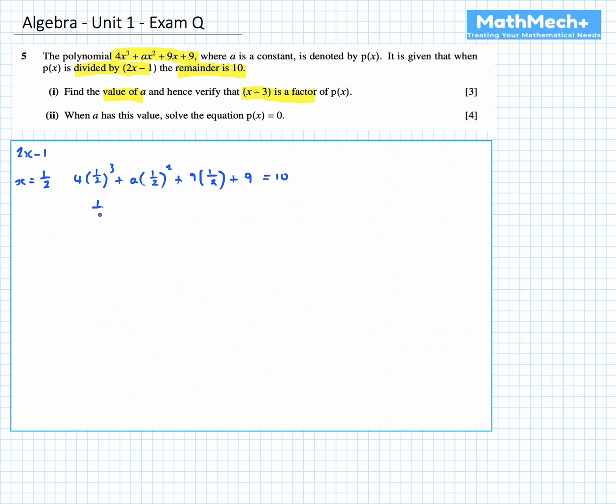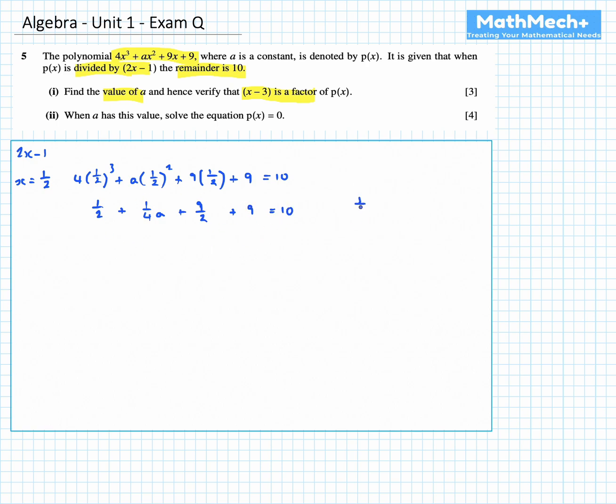Now we'll solve for a in this case. So I'm just going to simplify it here. So 1/4 a, 9/2 plus 9 equals 10. So you could have 3 linear factors or a quadratic expression. Just depends.